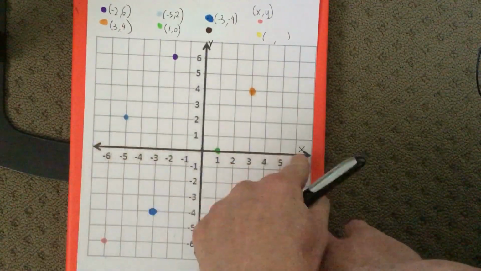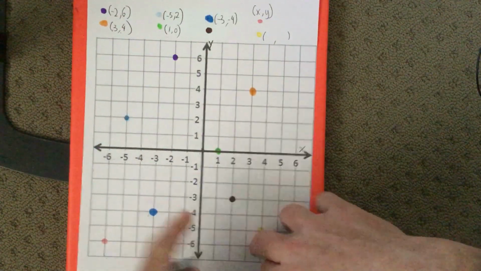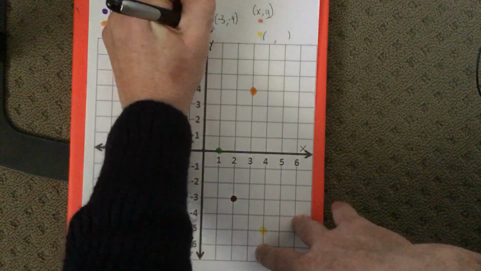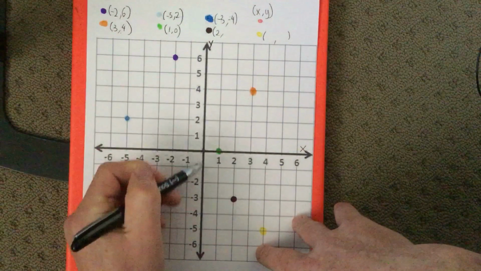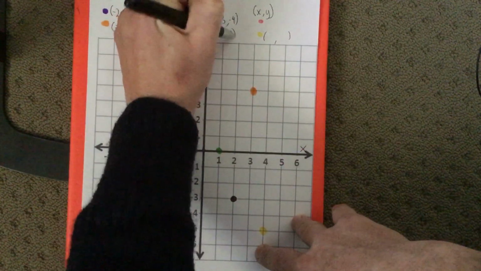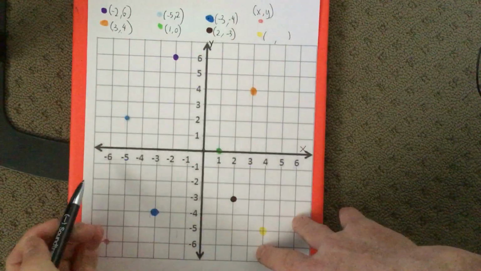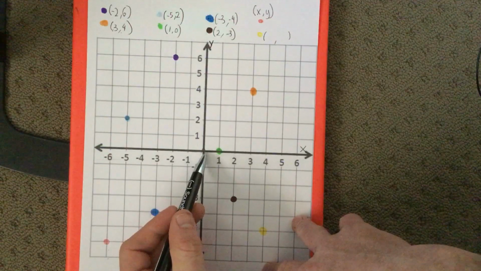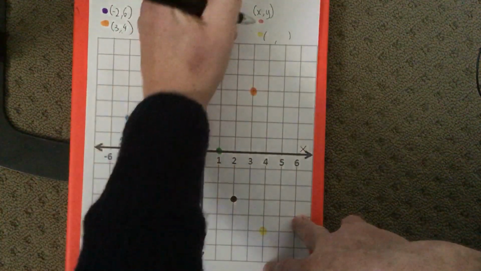Remember, I'm always going horizontally first before I go up and down. Now we've got brown. Go across, open brackets, 2. It's down, so we're going to be negative, so it's down to -3. We've got pink here. Okay, pink's all the way down here. So it's on to the left, so we're going to go across to -6.